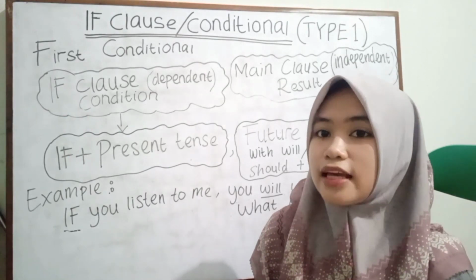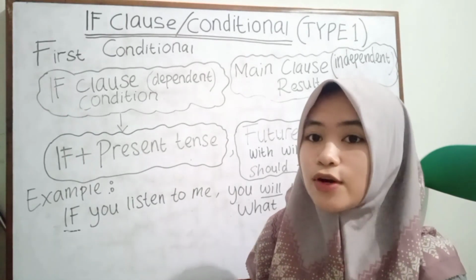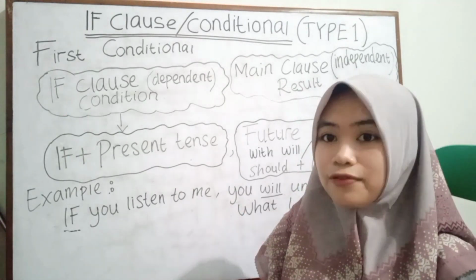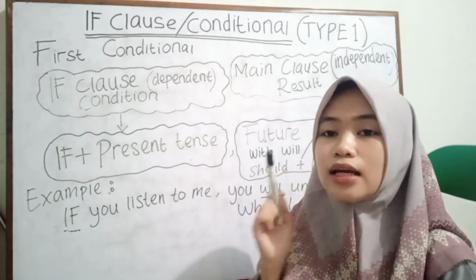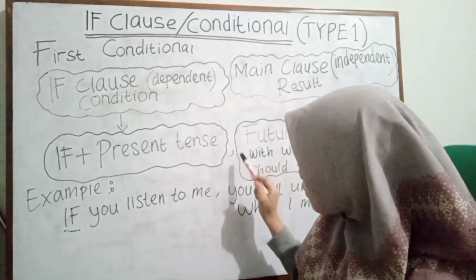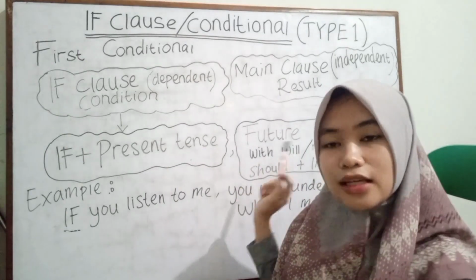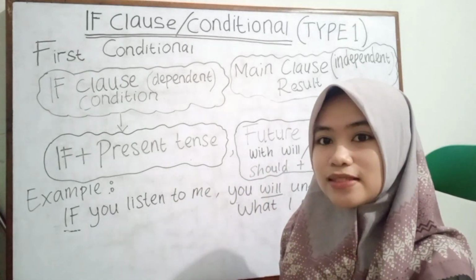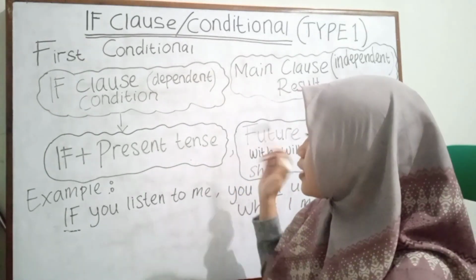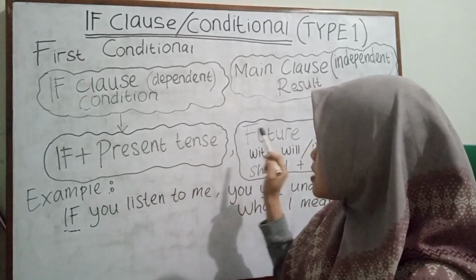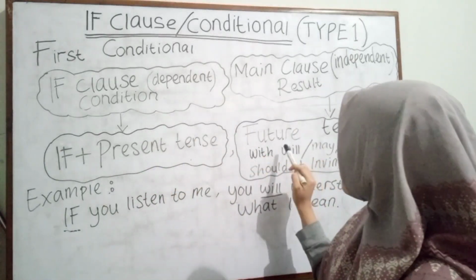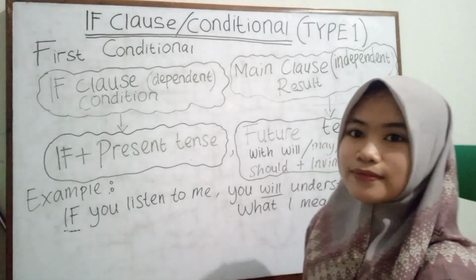The sentence can begin with an if clause or the main clause. If the sentence begins with the if clause, put a comma between the if clause and the main clause. If plus present tense, comma, future tense.